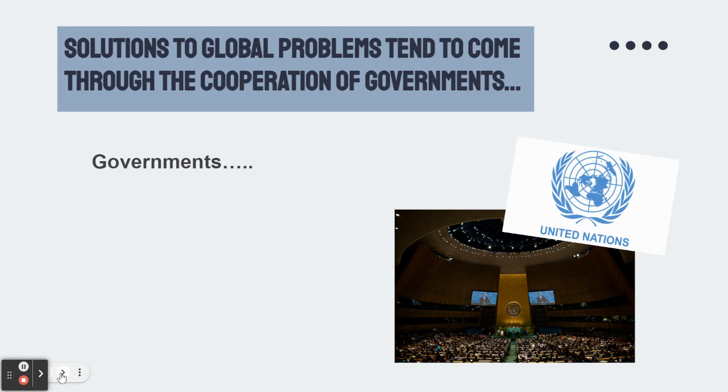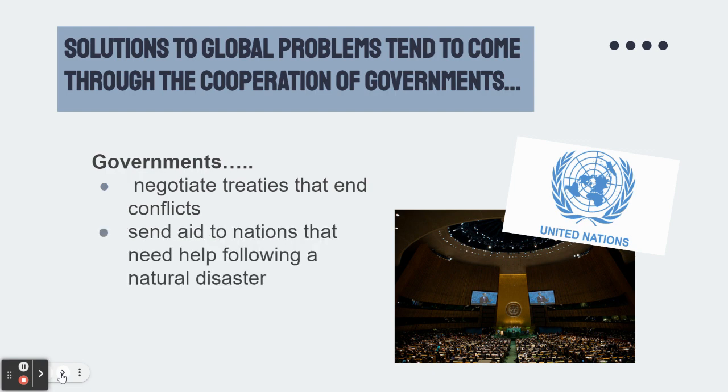So, first, governments do the following: they can negotiate treaties that end conflicts. So, if we think about wars that have happened, World War II, for example, ended because a bunch of nations signed a treaty. They can send aid or money to nations that need help following a natural disaster.